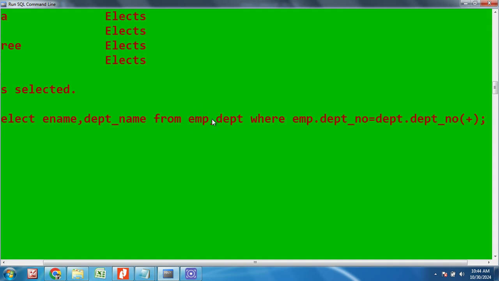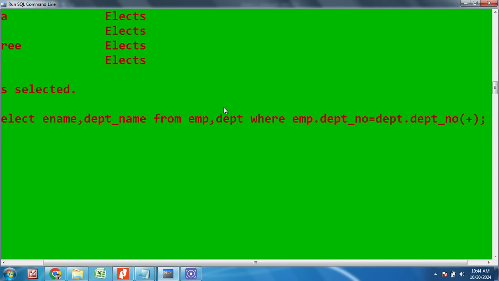From the right table it will show me only the matching values. So in left outer join it will show the details of the left table which are matched as well as non-matched, but from the right table only the matching values.